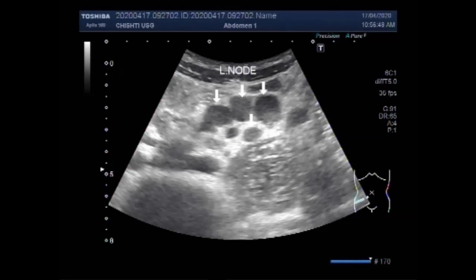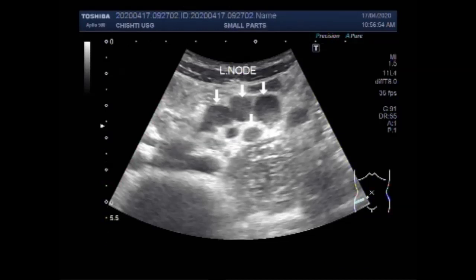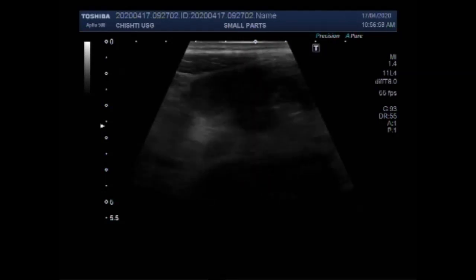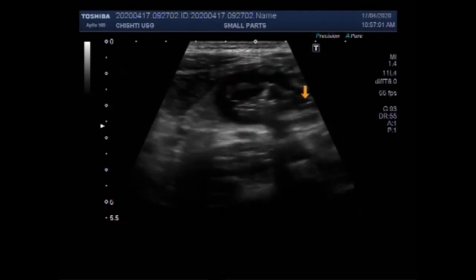Mesenteric lymphadenitis is an inflammation of lymph nodes. The mesenteric lymph nodes which become inflamed are in a membrane that attaches the intestine to the abdominal wall, that is called mesentery.